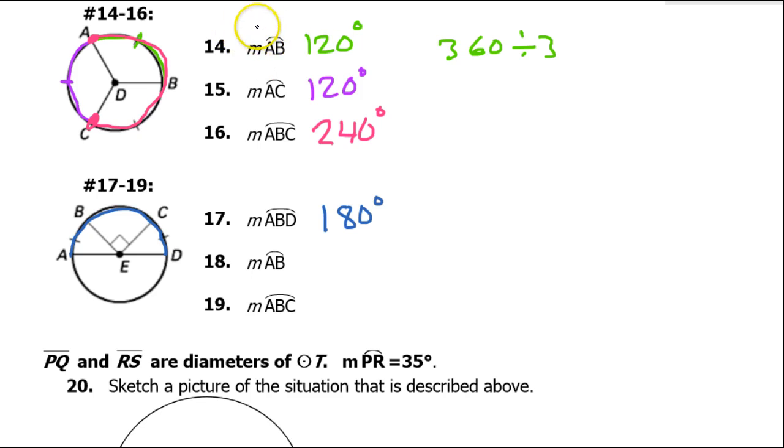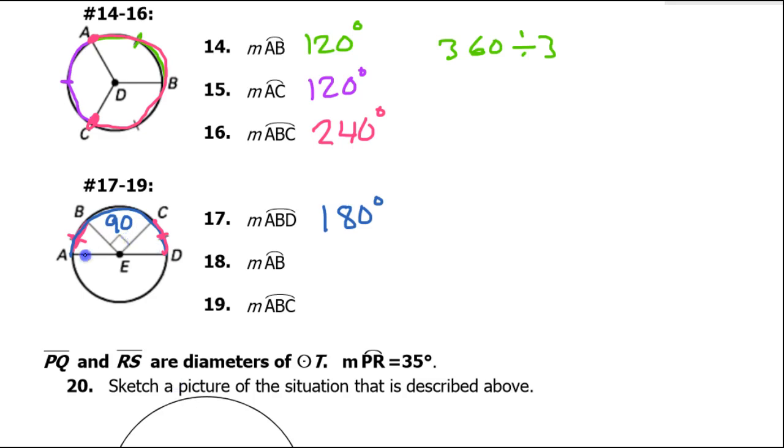Okay, now what about arc AB, which is just this portion right here? Well, notice that AB and CD are marked congruent to each other. Okay, and see this 90-degree angle right here in the middle? So we know that this portion is 90 degrees.